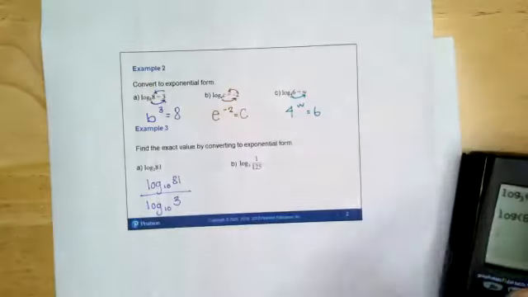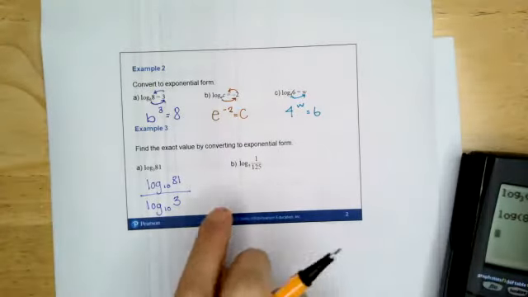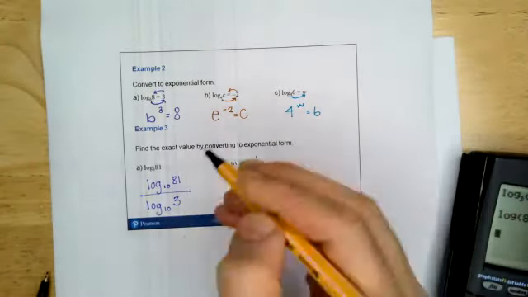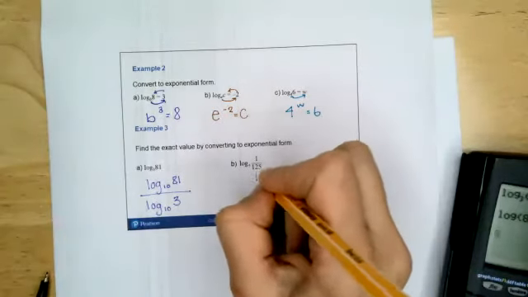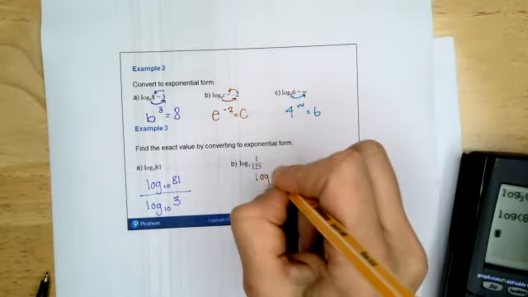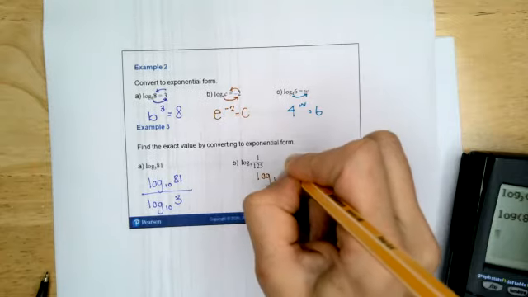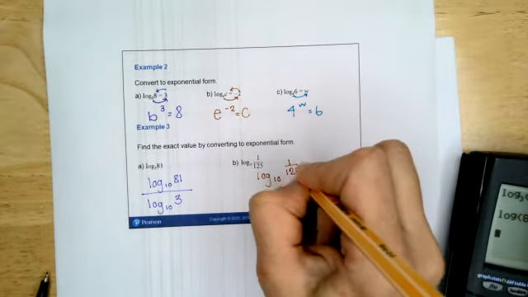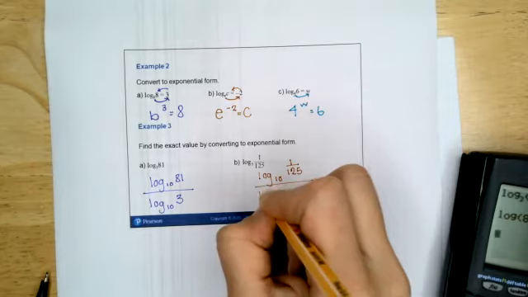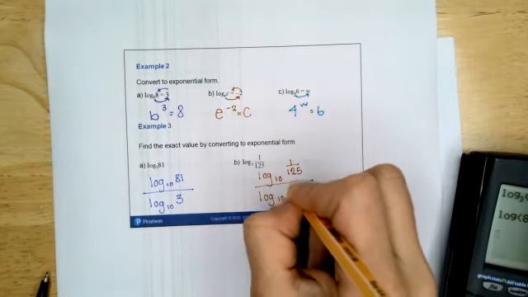Here looks a bit more complex, right? 125 is your term. So what we're going to do if we only have log base 10 on the calculator, is log base 10 of 1 over 125 divided by log base 10 of 5.